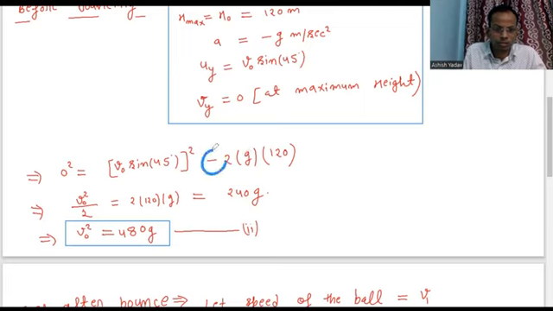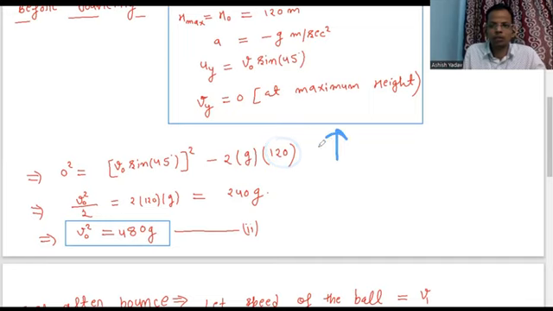Why the minus? Because the acceleration vector is downward and the displacement vector of 120 meters, the maximum height, is upward from the perspective of an observer standing on the ground. That's why the minus sign comes.